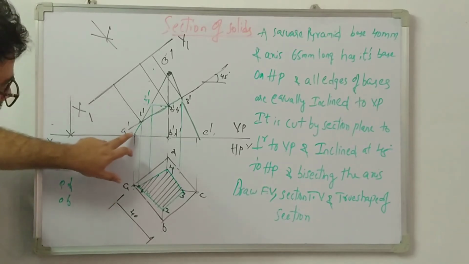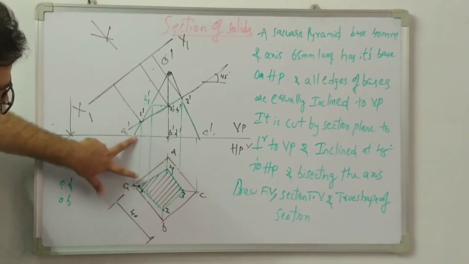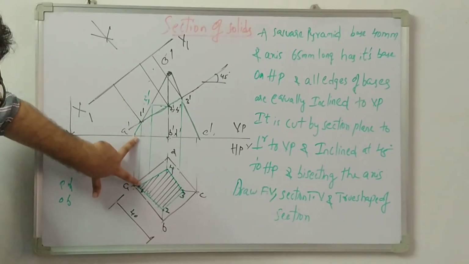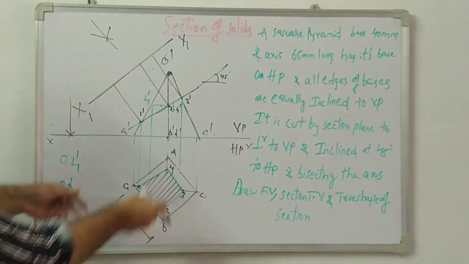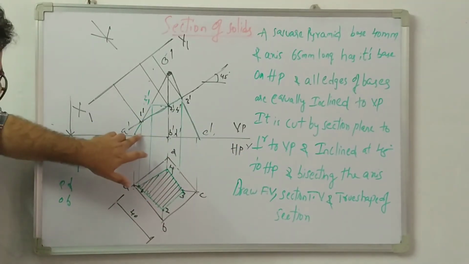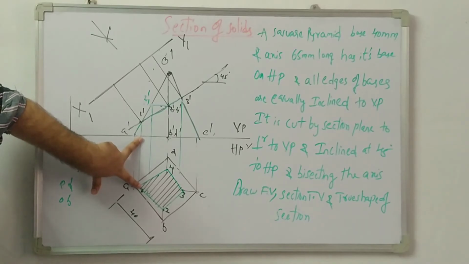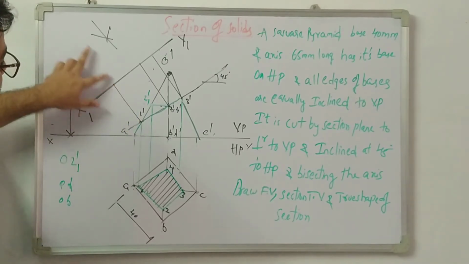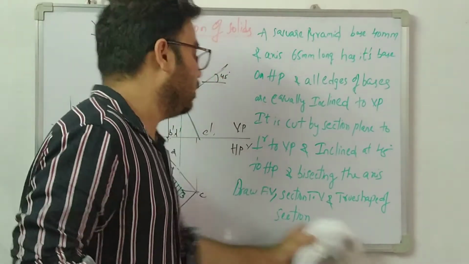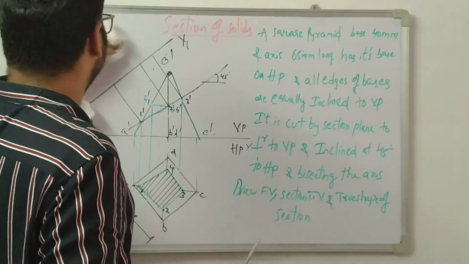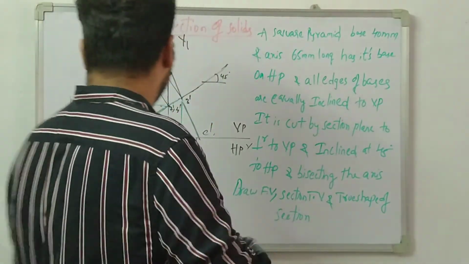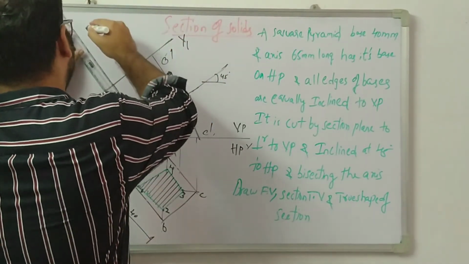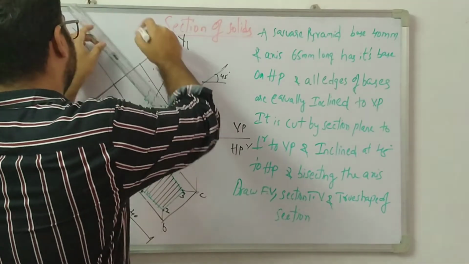Take the distance from the old reference line to here exactly in the compass, measure it and draw from here. 1 dash is located here, draw the distance here. Draw the distance on this line. Simply draw the distance on this. So I am projecting more lines.